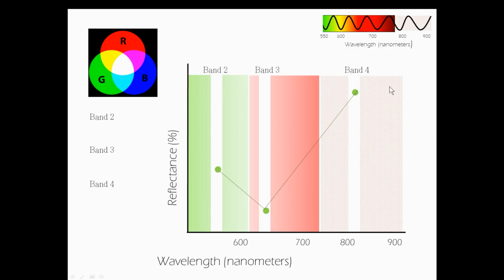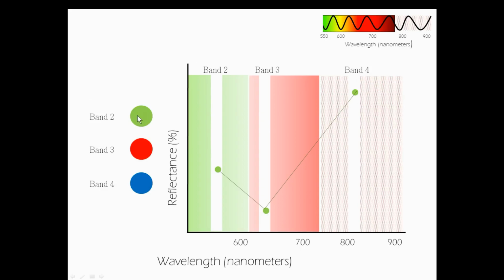So obviously we can't ask the computer to display values in the near infrared region with a near infrared color. Instead we're going to have to arbitrarily assign one of our colors, red, green, or blue, to represent values in this band. Let's say that we assign the display color of green to band 2, the display color of red to band 3, and the display color of blue to band 4, the band in the near infrared region.